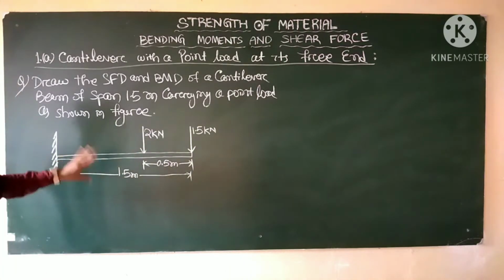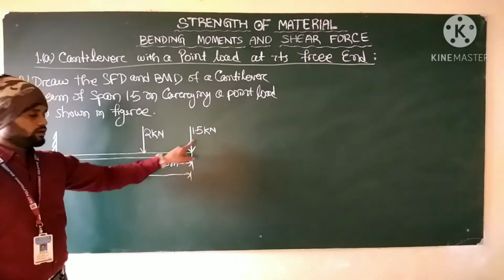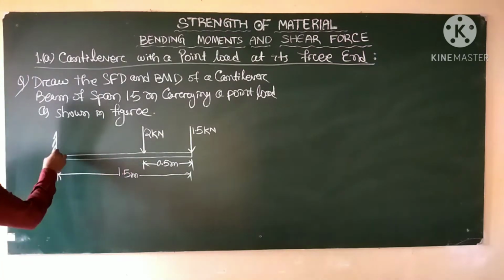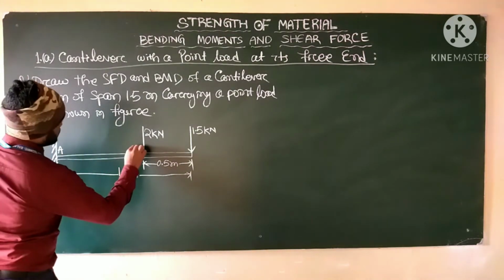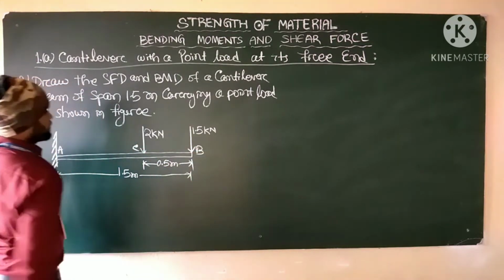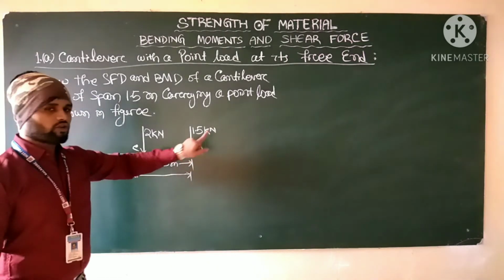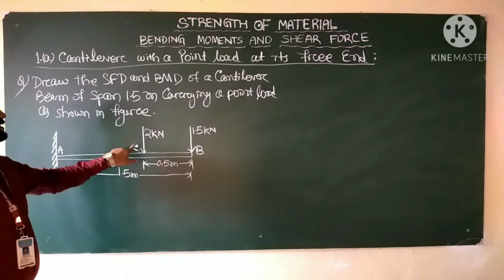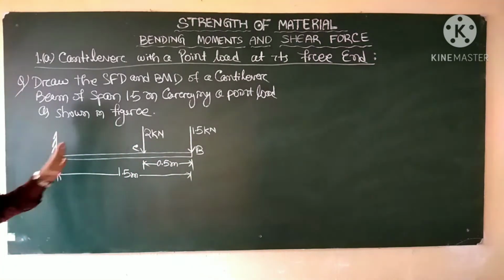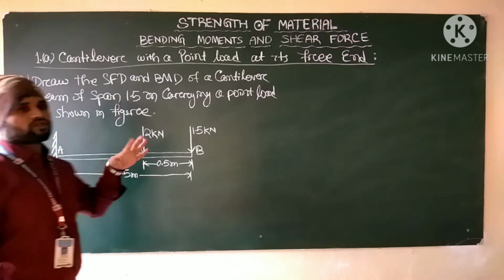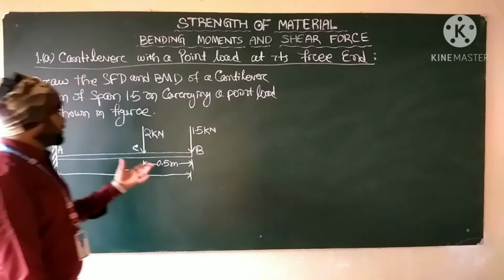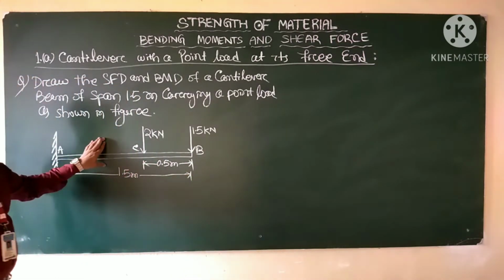In this figure, A, C, B, there will be 2 point loads: one is at B, that is 1.5 kilonewton, and one is at C, that is 2 kilonewton. We have to draw the shear force diagram and bending moment diagram of this question.